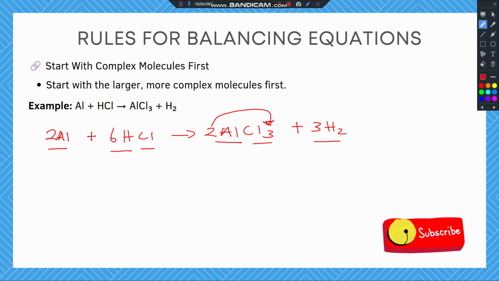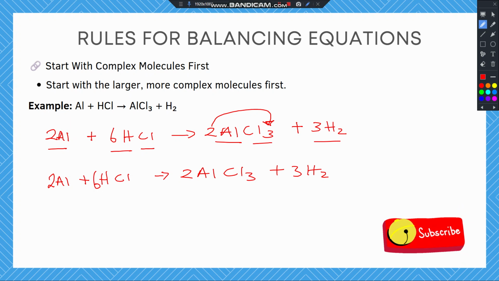So we finally balance this chemical equation to be 2Al plus 6HCl, giving us 2AlCl3 plus 3H2.